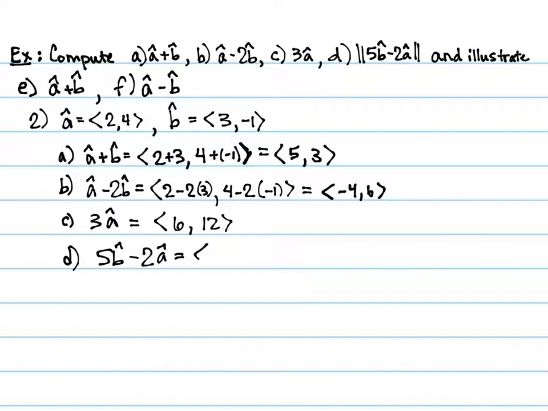So for 5B minus 2A, we're going to do it much like we did part B. I'm going to multiply the I component for B by 5, so 5 times 3, minus 2 times A's I component, which is a 2. Did I get that right? I think so. And then I'm going to do the same thing with the J component, so I've got 5 times 4.